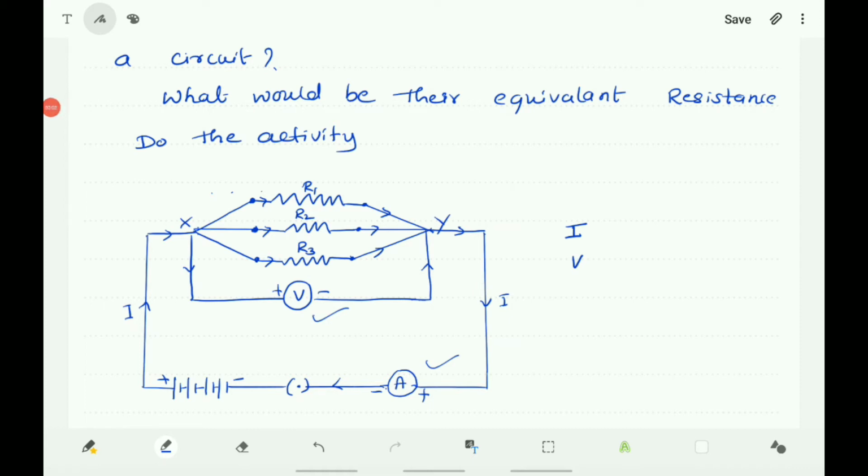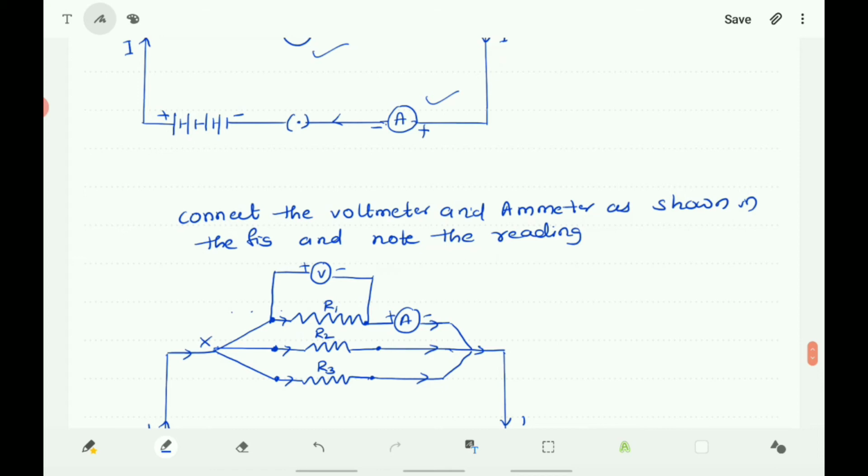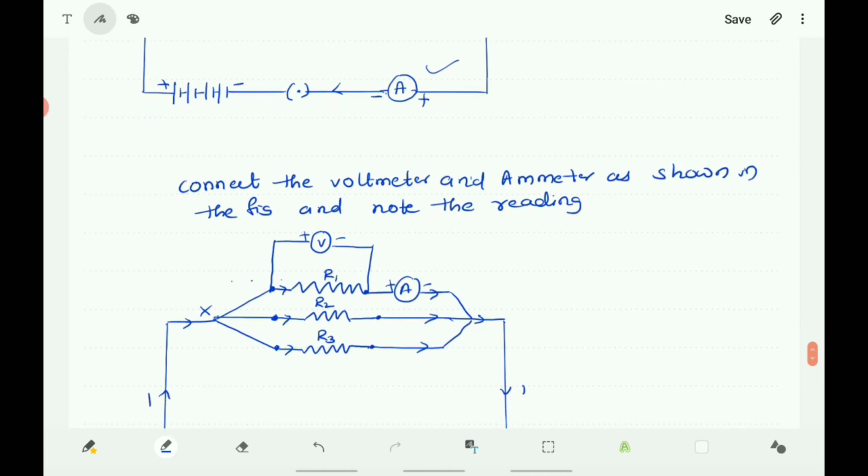Take out the plug from the key, remove the ammeter and voltmeter from the circuit, and insert the ammeter in series with resistor R1 and the voltmeter in parallel with R1, across the ends of the resistor R1.